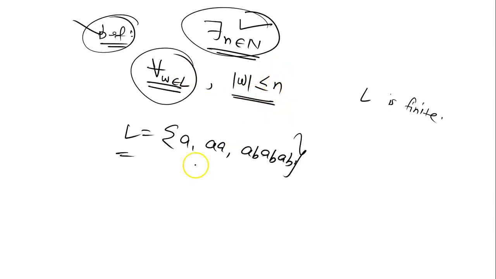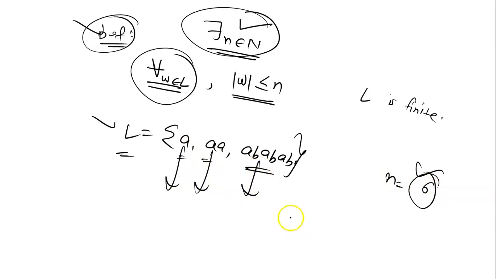Basically, the length of every string in L is less than or equal to n. So this language L is finite. Why? Because there exists a natural number, and that natural number you can take as 6, because you can see every string has length less than or equal to 6. So that is why you can say that this language L is a finite language.